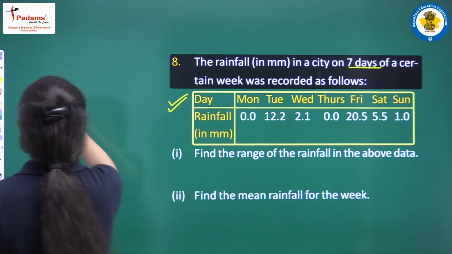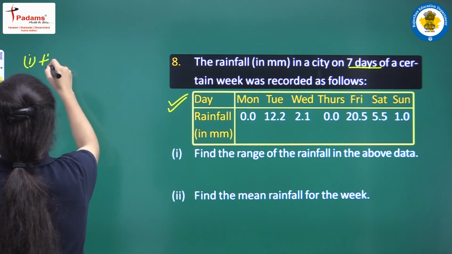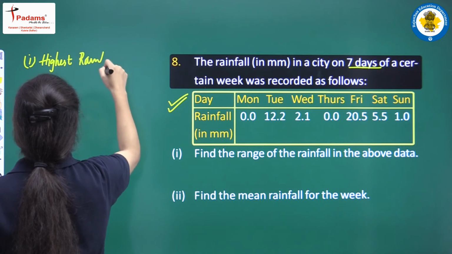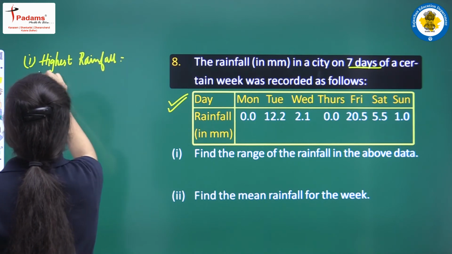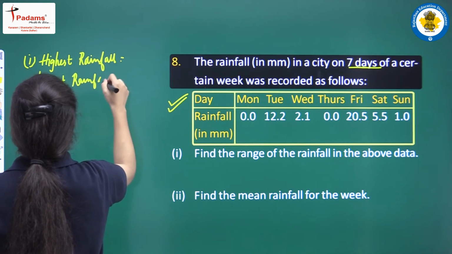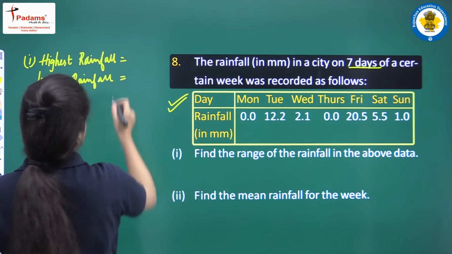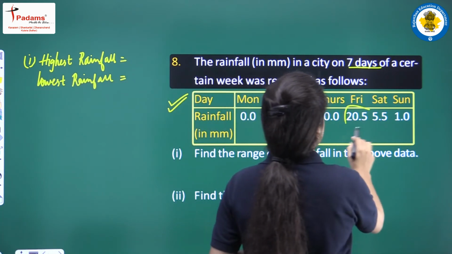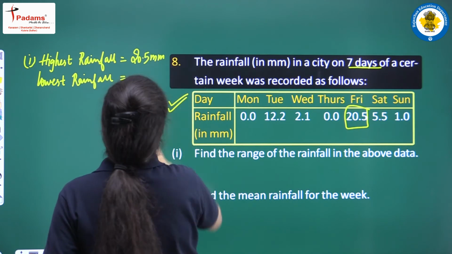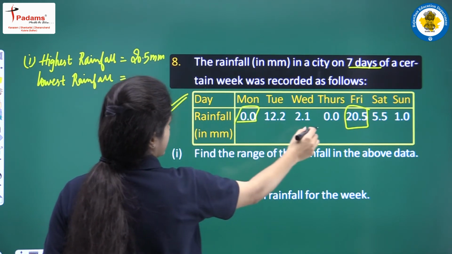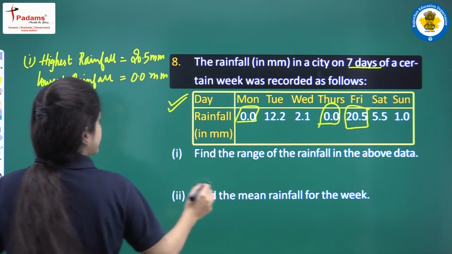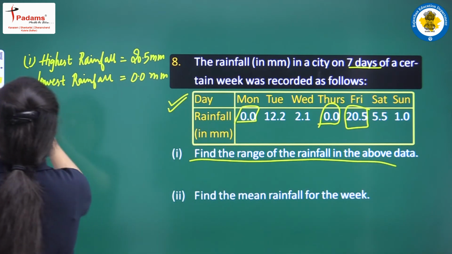Alright students, so firstly we'll find the highest rainfall and the lowest rainfall. Highest rainfall was 20.5 millimeters, right students, and lowest was 0.0 millimeters. So what is the range of the rainfall?